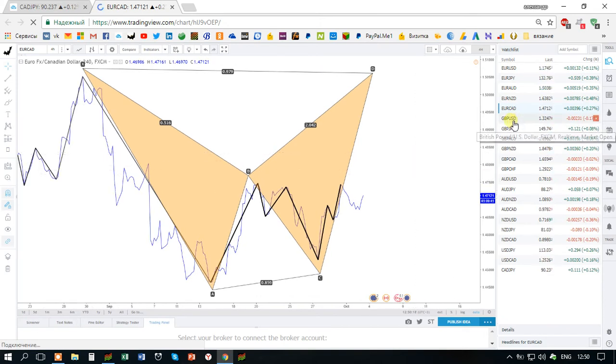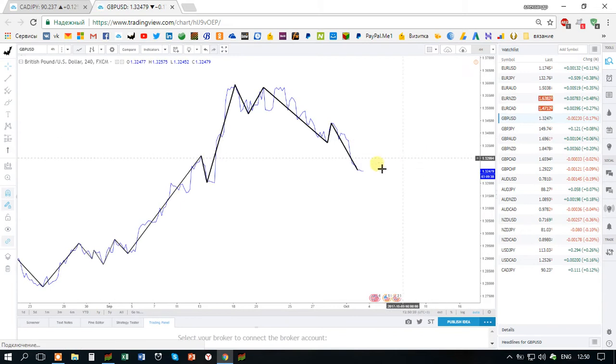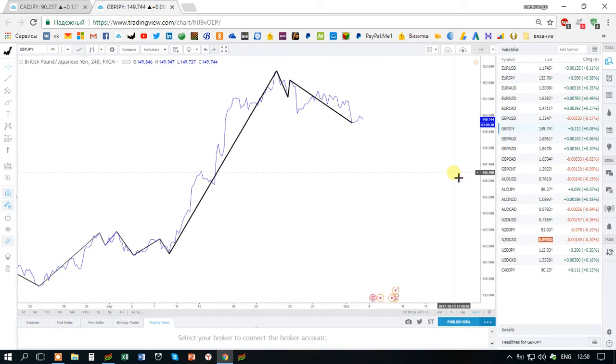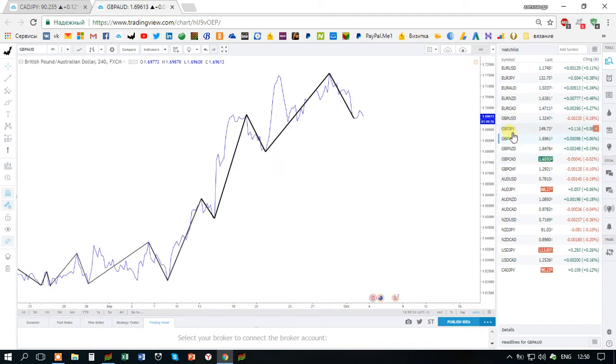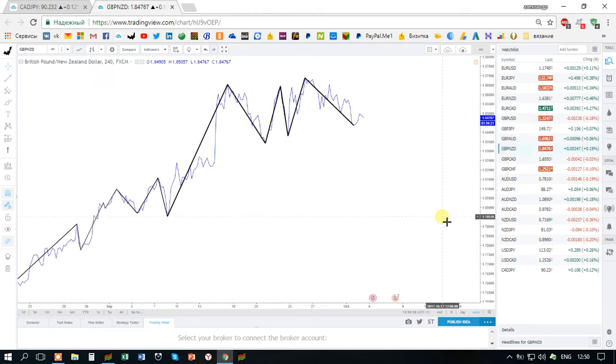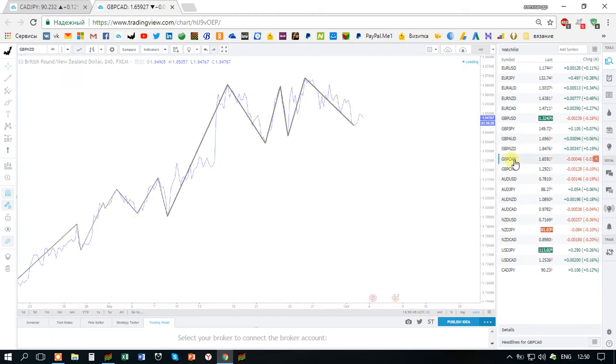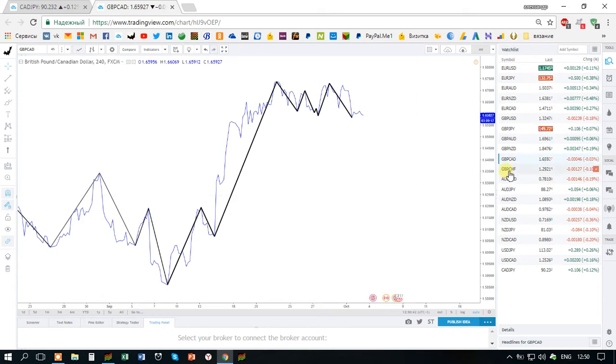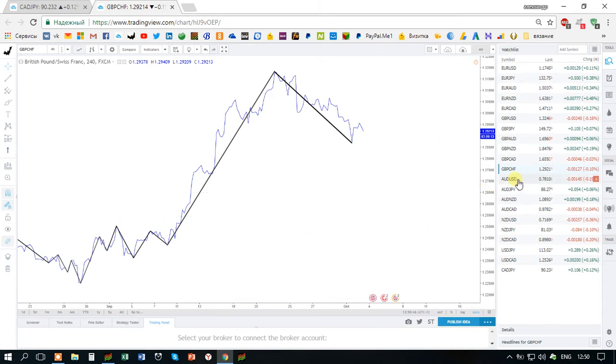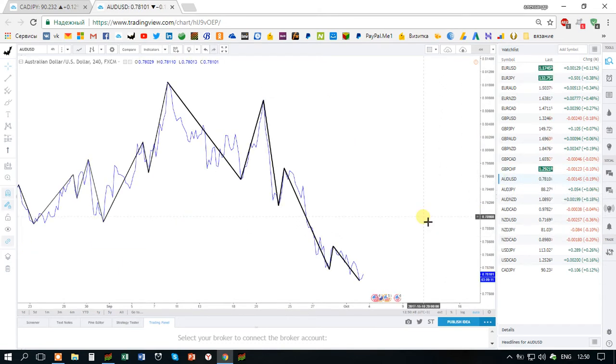Euro Canadian, Pound Aussie, no pattern here. Pound yen, nothing. It was pound dollar, pound yen, pound Aussie right now, no trade here. Pound New Zealand, nothing. Pound Canadian, nothing. Pound CHF, nothing. Aussie dollar, nothing.